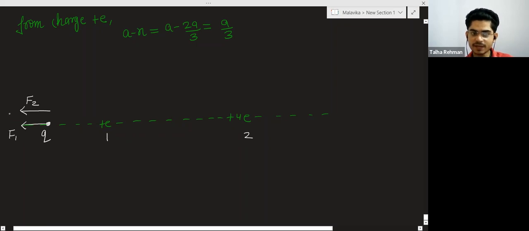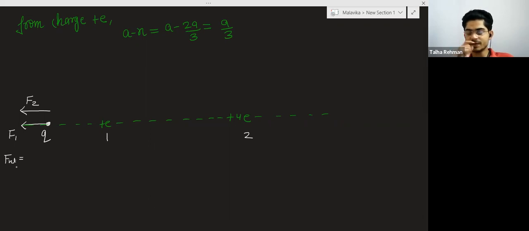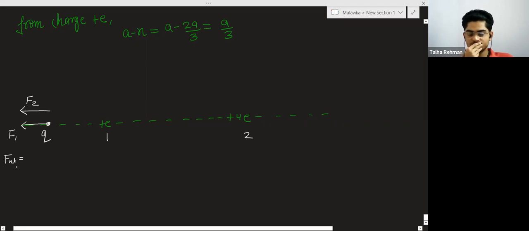So can the net force be 0 here? Here the resultant, the net force, will be F1 plus F2. The forces will always be adding, so the resultant can never be 0. That's why I have intentionally put that charge in the middle.